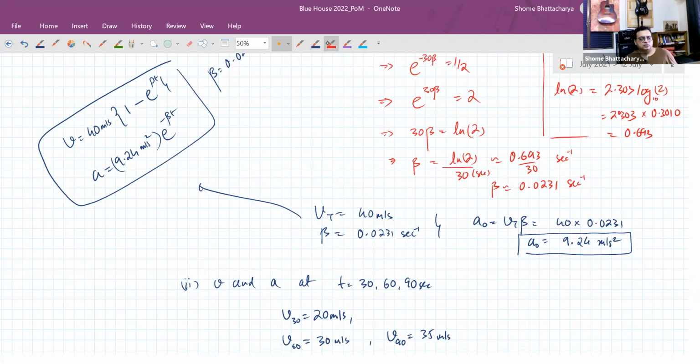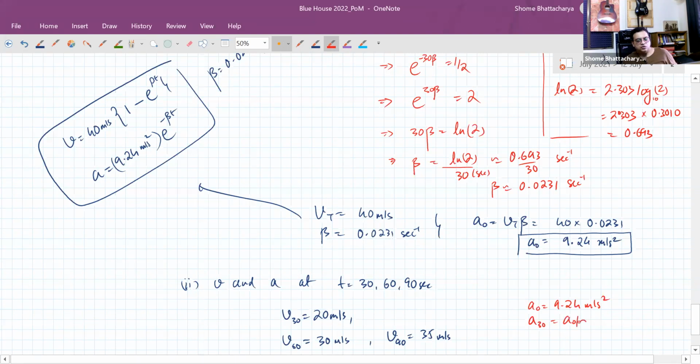And similarly, the acceleration initially was this much. The acceleration at 30 seconds will come out to be A naught by 2, or 4.62 meters per second square.